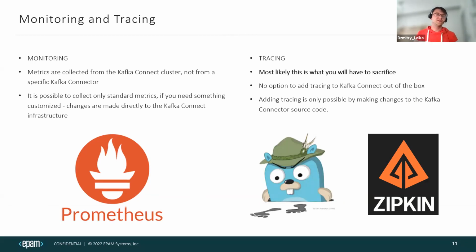And now let's start discussing non-functional requirements. It's about monitoring and tracing. The monitoring topic is easier to describe because you can implement it using common tools like Prometheus, but you need to know that when you launch monitoring, you do it for the whole Kafka Connect cluster.